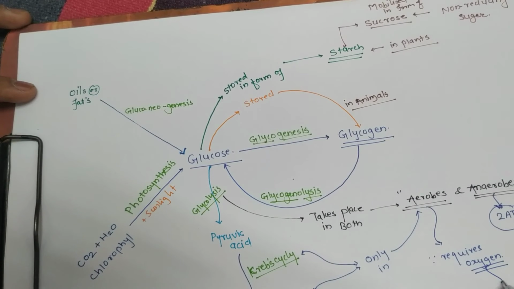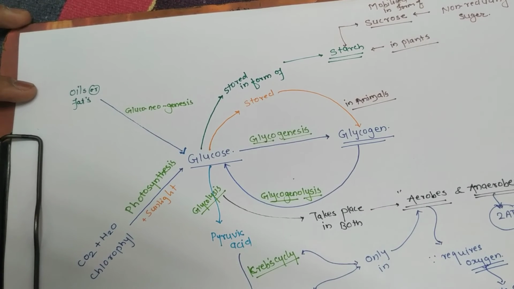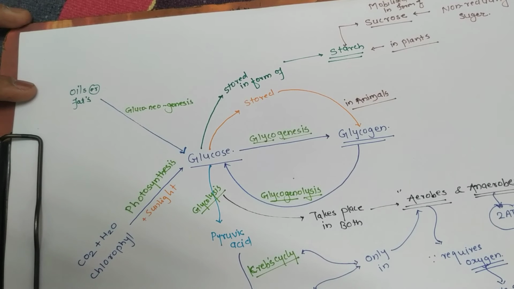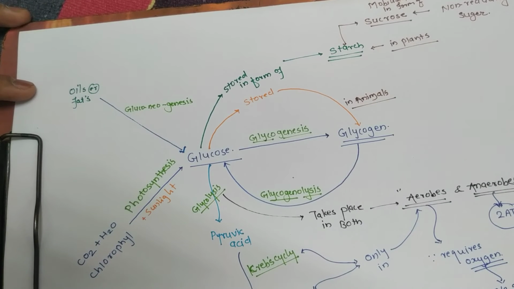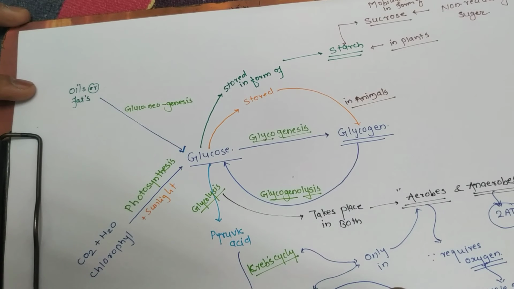Now what is the role of oxygen? The role of oxygen is that it acts as the final electron acceptor in ETS, that is the electron transport system.